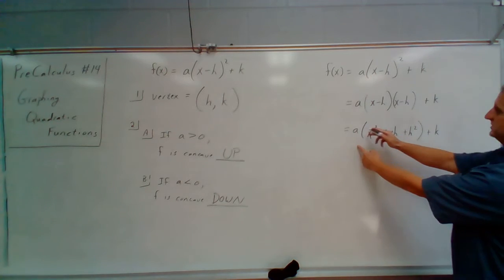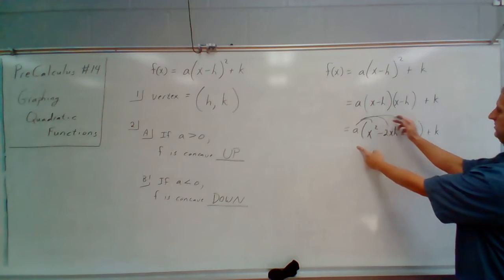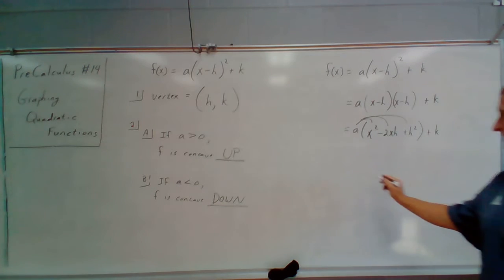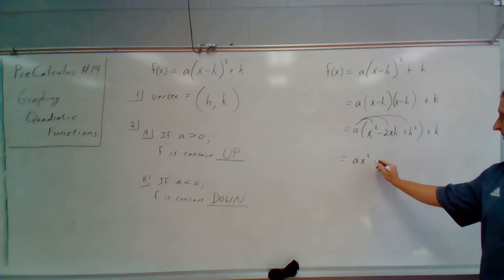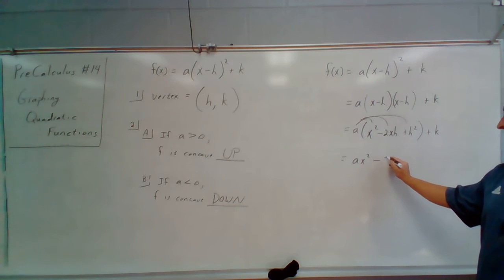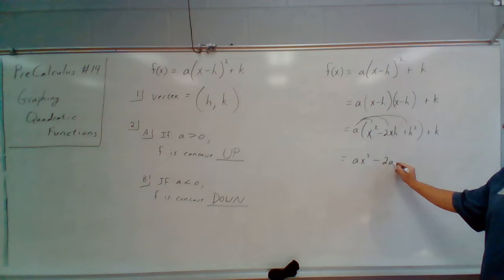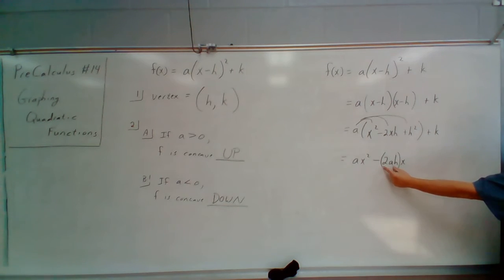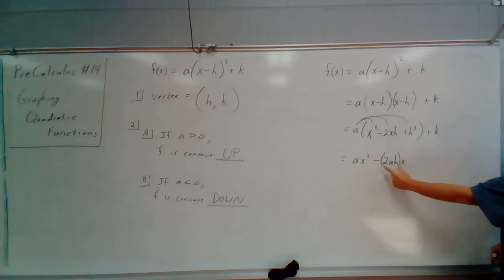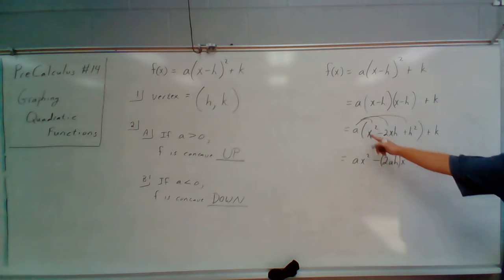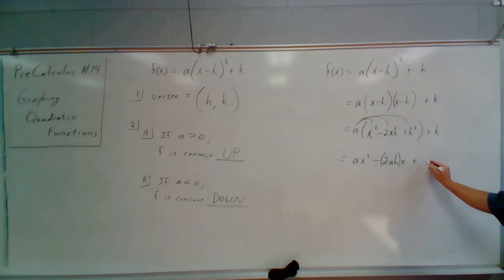All right, now I can distribute the a through all of those. So I'll have a x squared minus 2ah x. So I just put all my numbers together. Remember, the a and the h and the k are just some random numbers. So some number times x plus ah squared plus k.